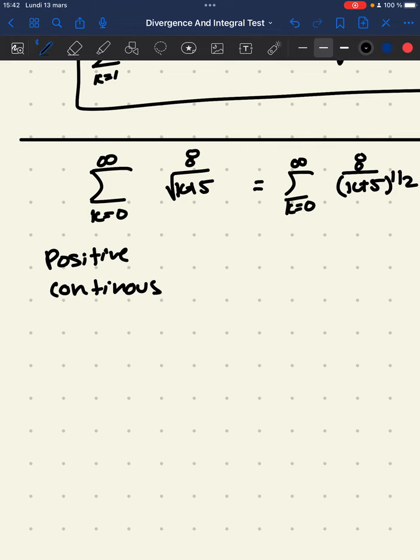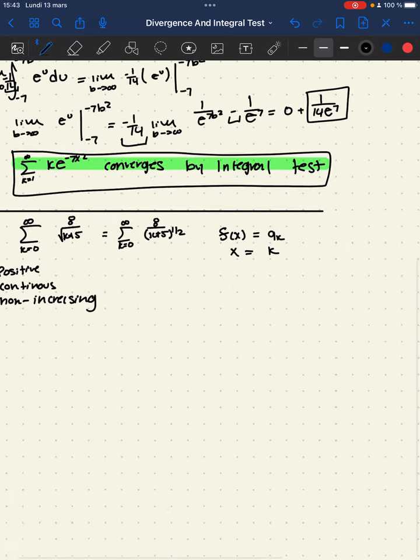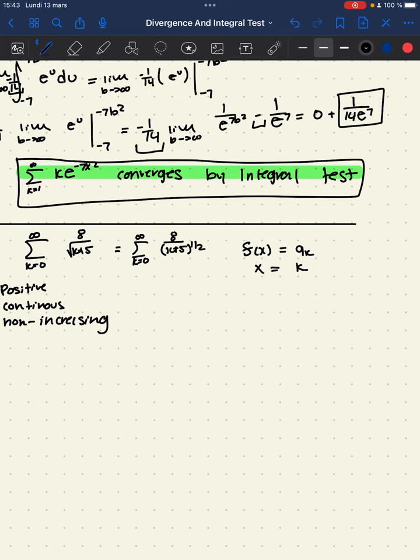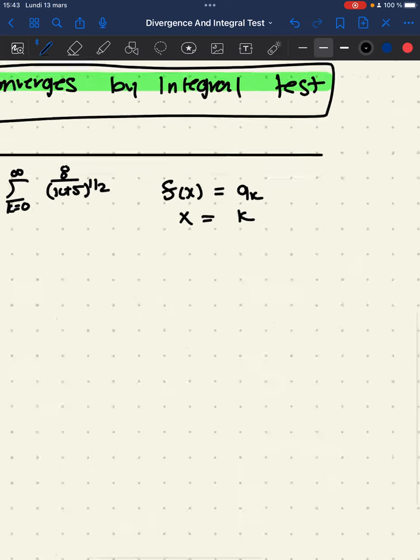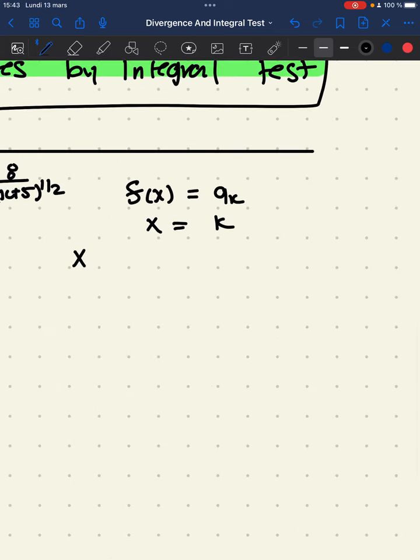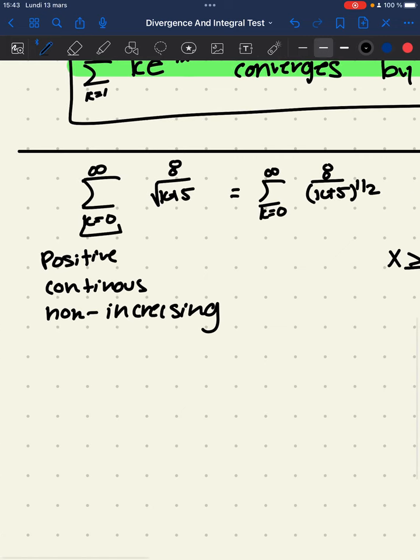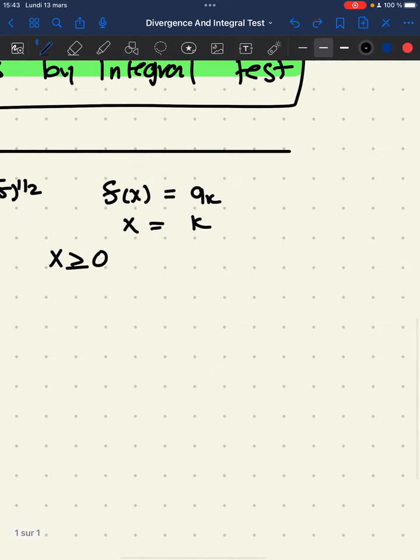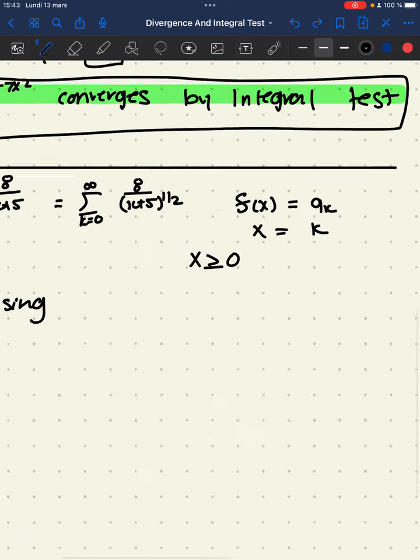And is it non-increasing, meaning decreasing? You gotta determine your interval, x is greater than or equal to 0, because k mimics x, and k starts at 0. Therefore, x has to be greater than or equal to 0.